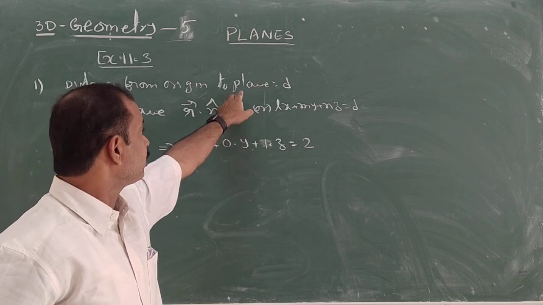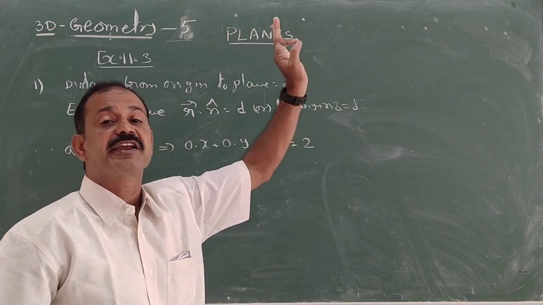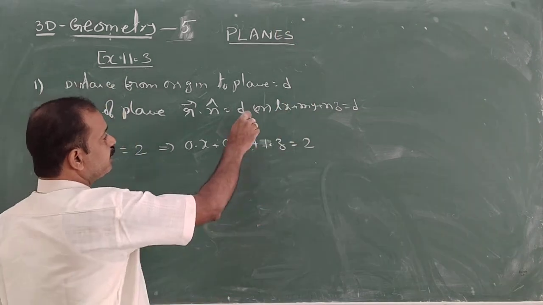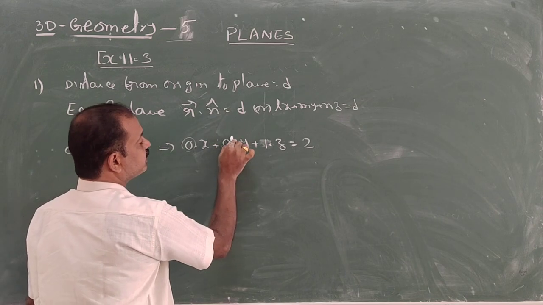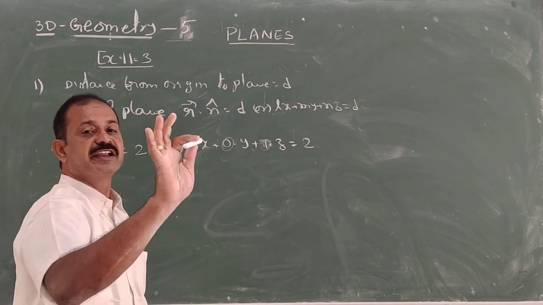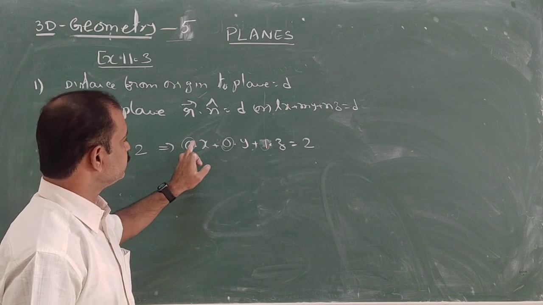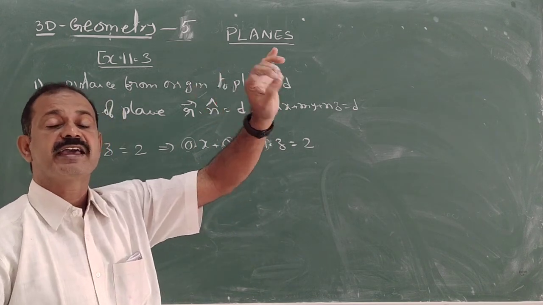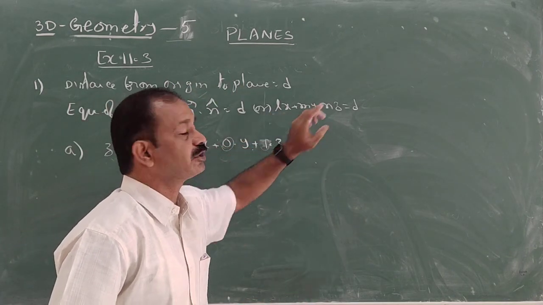It must be in the normal form, that means in direction cosines only. You have to get direction cosines, not direction ratios. These are the direction ratios, 0, 0, 1. But we have to get direction cosines.